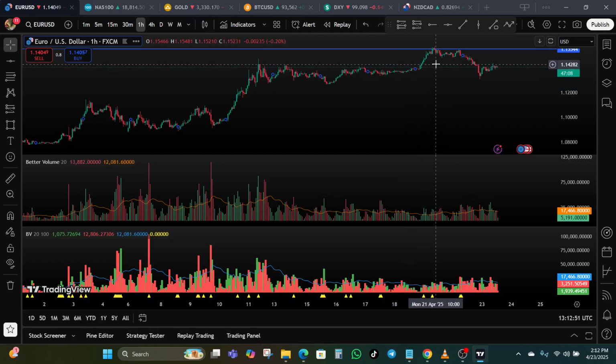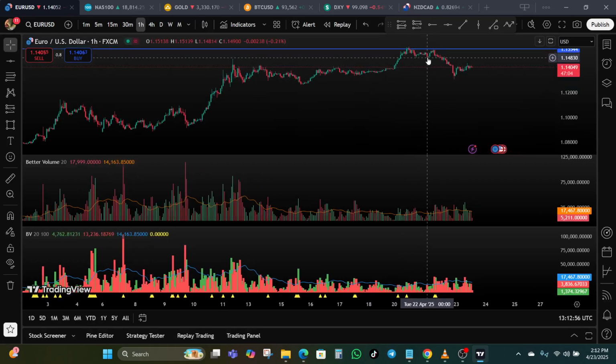Let me put it another way: when instead of breaking out, price gets rejected and you get a surge in volume, maybe a surge in sell volume after a rejection around the resistance, it could be that the reversal is strong. So that's the reason why you have to pay attention to volume and price reaction at the same time. Price action analysis combined with volume analysis is actually a good combo.